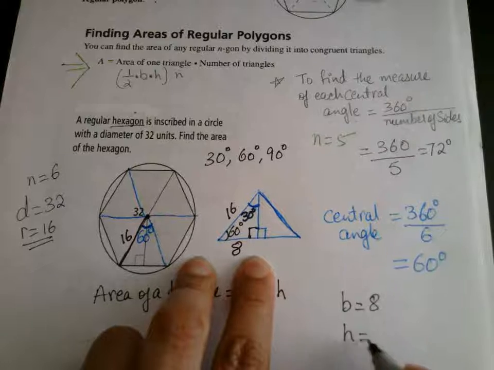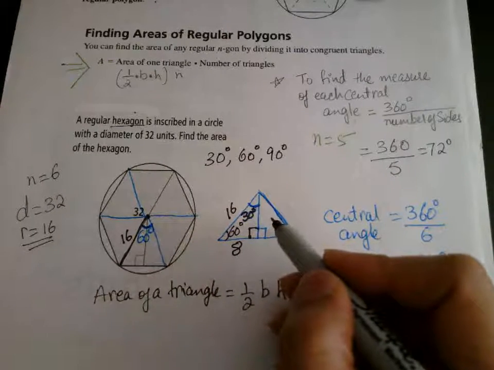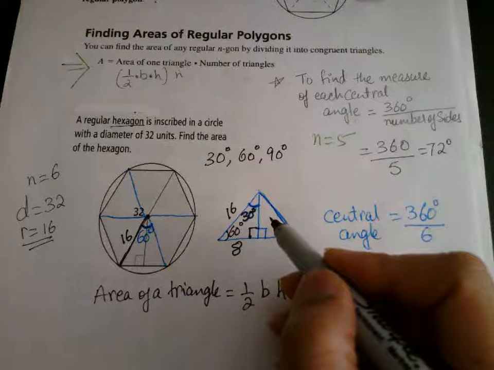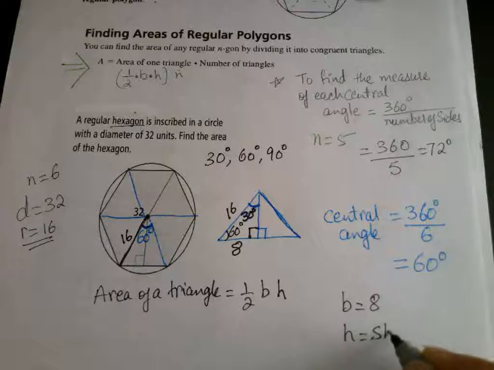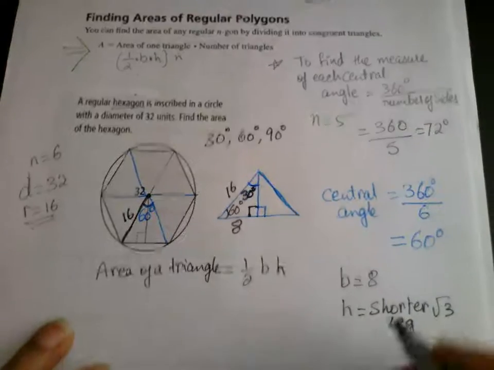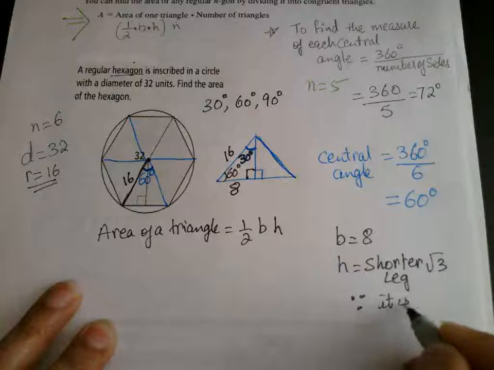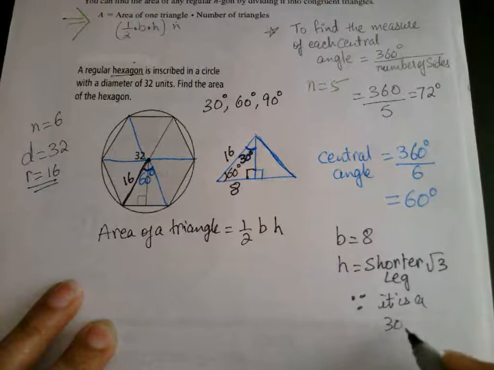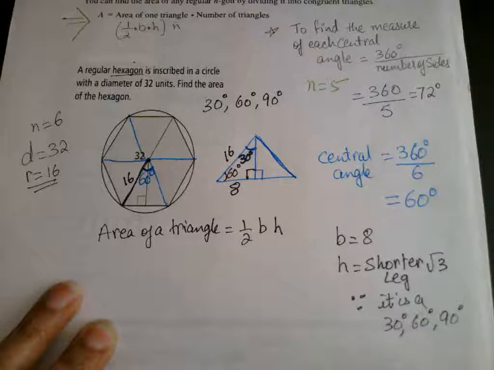What is the height? The longer leg is always shorter leg root 3. So this is shorter leg root 3. Why? Because it is a 30, 60, 90 triangle that we are talking about.